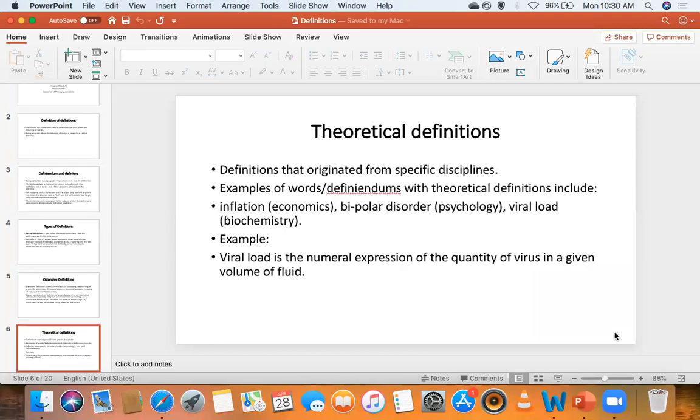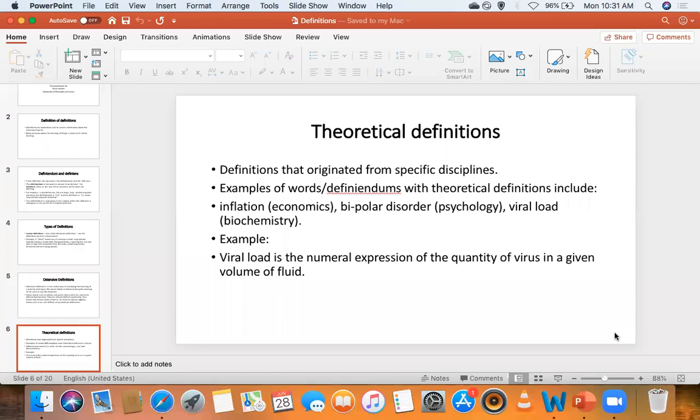Then we have the theoretical definitions. The theoretical definitions are those that originated from specific disciplines. So we have some definitions that originated from one discipline or the other. Examples of words with theoretical definitions include inflation. We know that the word inflation came to us from economics. Then we have bipolar disorder.